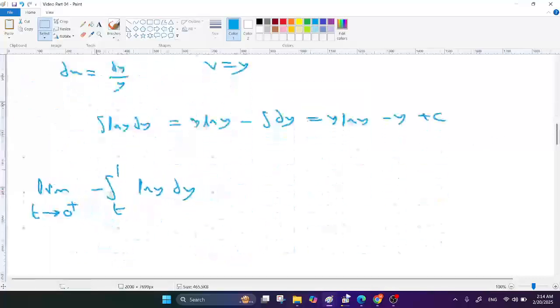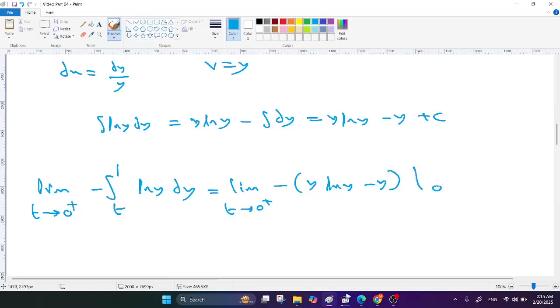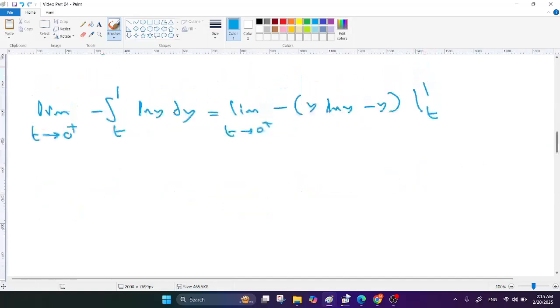You get limit as t approaches 0 from the right of minus, because we have minus sign here, y ln y minus y from t to 1. Let's substitute. You have minus, substitute 1 now. You have 1 times ln 1, 0.